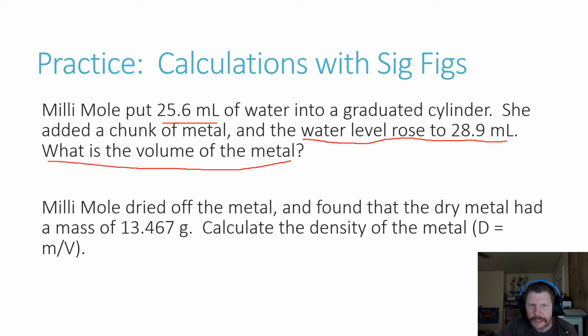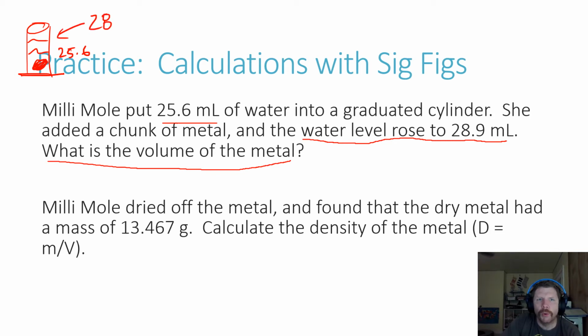To visualize that, I'm going to draw my graduated cylinder. There's my graduated cylinder, I've got water up to here, 25.6, and then I add a chunk. The chunk of metal causes the volume to rise to 28.9.